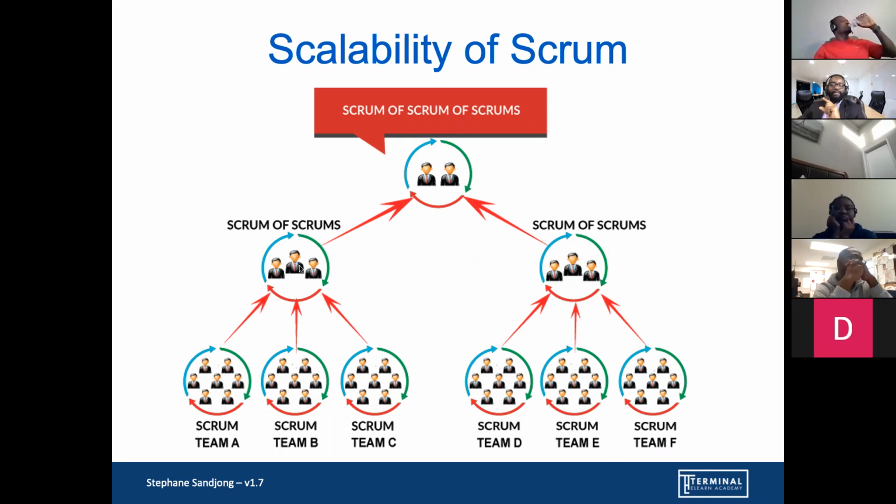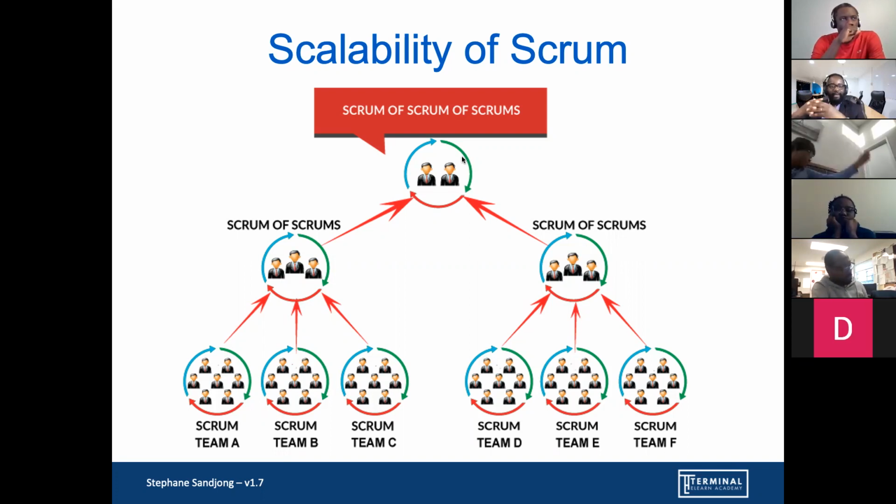Now, what this illustrates as well is that you can have multiple levels of Scrum. What I explained to you before was Scrum of Scrum, but then you can also have Scrum of Scrum of Scrums. So you can have a team that has a representative, another team that has a representative, another team that has a representative. That's 3 people that do the Scrum of Scrum, handling dependency among themselves for those 3 Scrum teams.